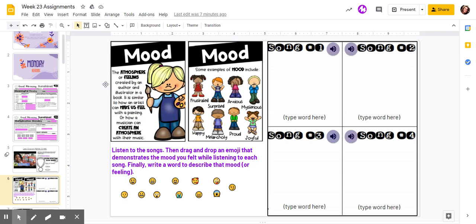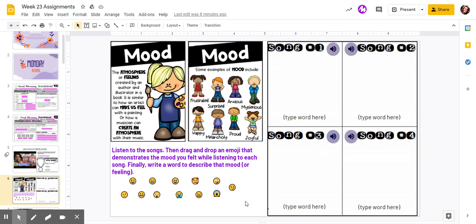or feeling created by an author and illustrator in a book. It is similar to how an artist can make us feel with a painting, or how a musician can create an atmosphere with their music. So in these ones, you're focusing on how you feel when you listen to the songs. You're going to drag and drop one of the emojis into the box for each song.